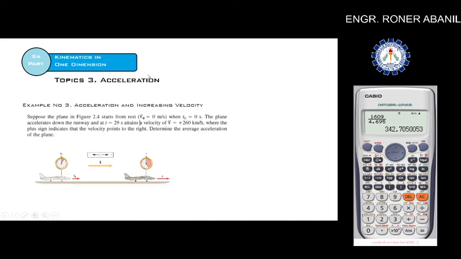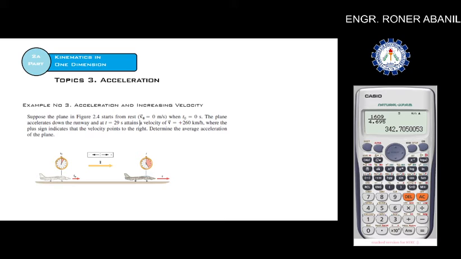Ngayon, punta tayo sa example natin. So, suppose the plane in figure 2.4, or ito, plane na to, starts from rest, or initial velocity niya is 0 when initial time is 0 din.